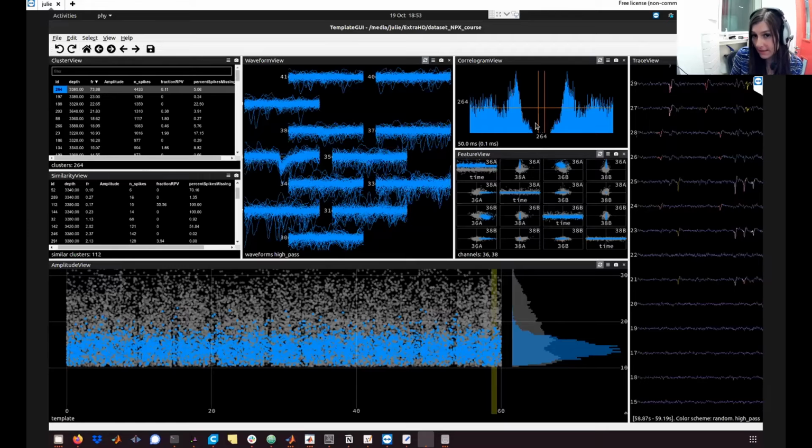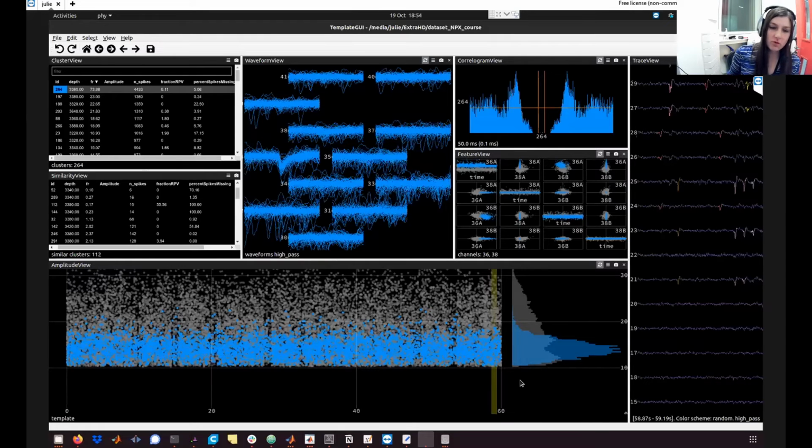This unit also has a clean refractory period, and there's consistent spiking throughout the recording. It doesn't seem like a large portion of spikes are missing due to drift, or that a lot of the spikes have been cut off and are not detected. So this is probably a good neuron.